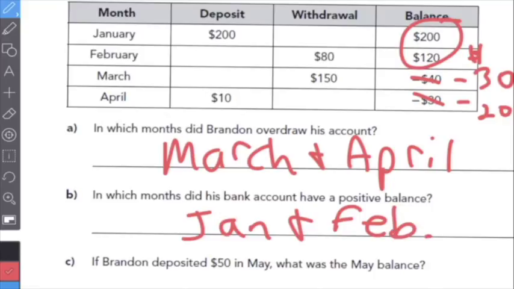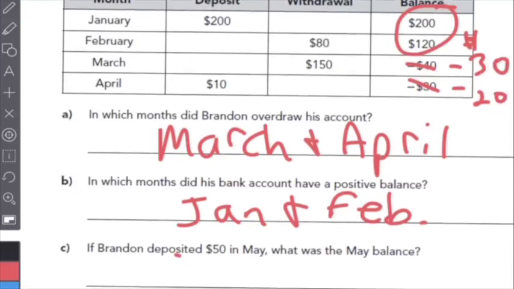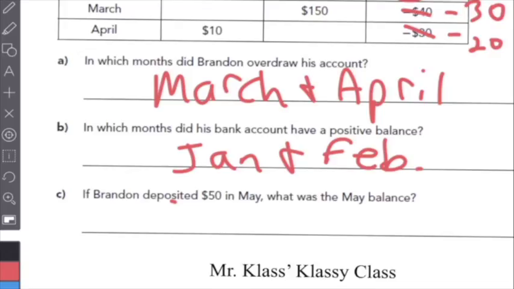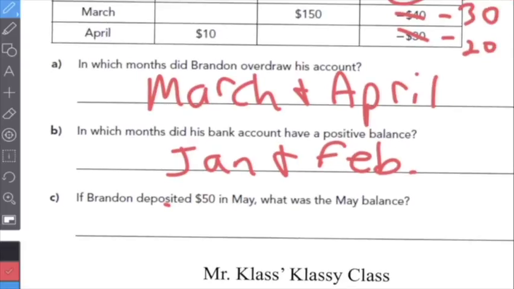And if Brand deposited $50 in May, what was the May balance? So in April he had negative 20, and he deposited, which means you add $50. When you add this up, you can start at negative 20 and say to yourself, okay, I'm going to add 50.